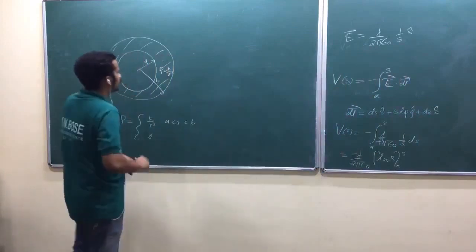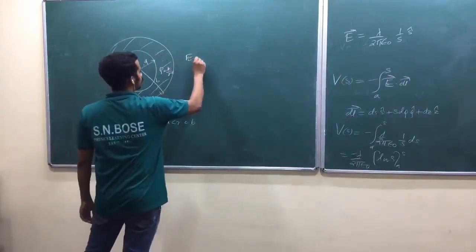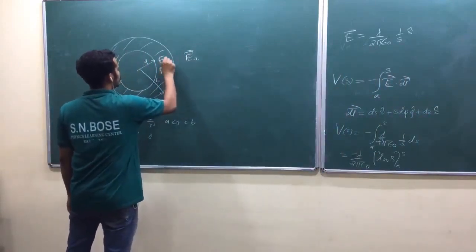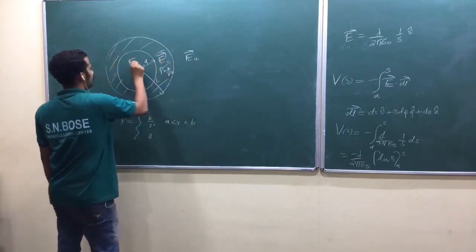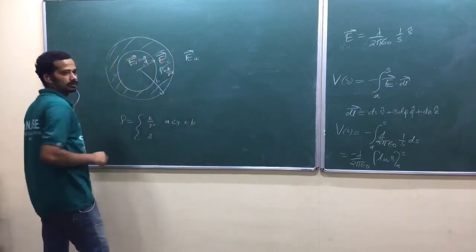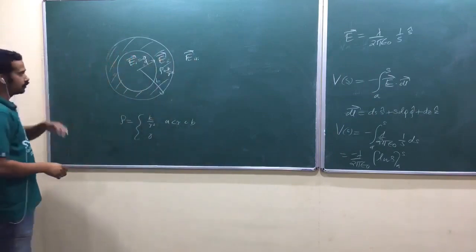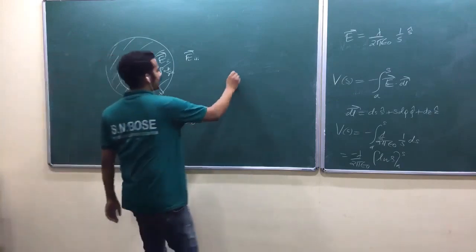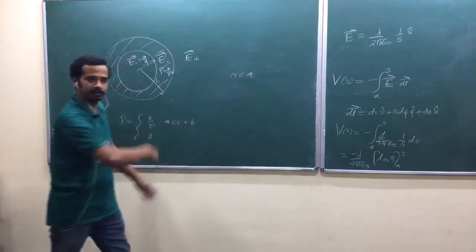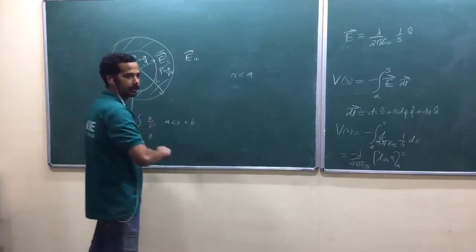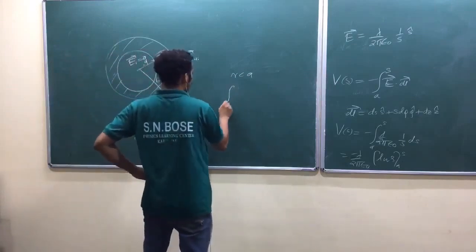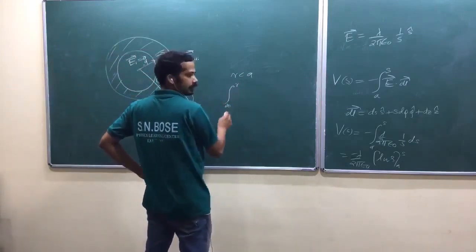Suppose you are finding, so let me take E third one, E second one, E first one, that is 0, isn't it? Now you are taking R less than A, inside the inner surface. Then you have to integrate from infinity to R, am I right?